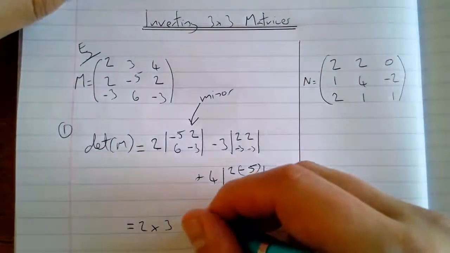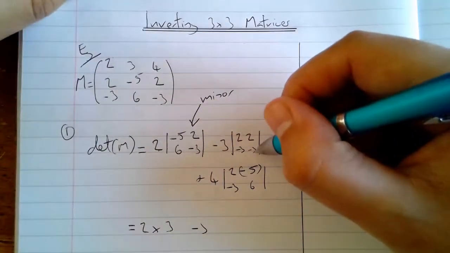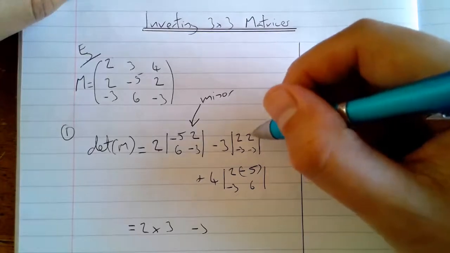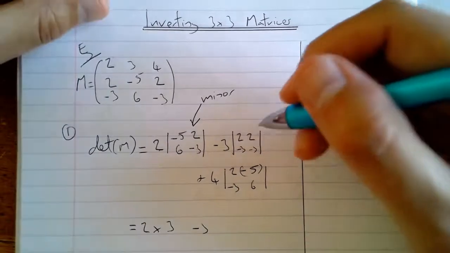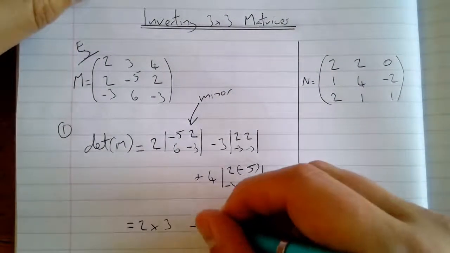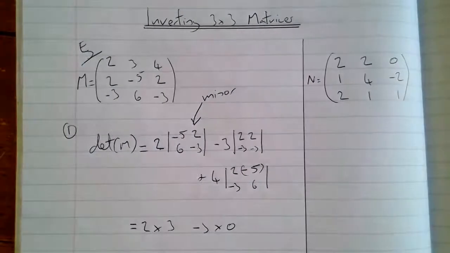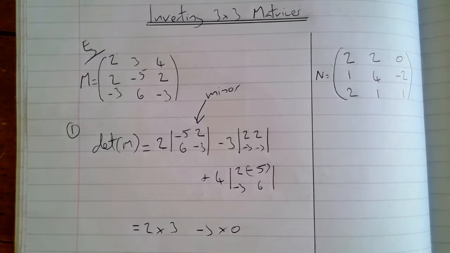And then I've got negative 3. 2 times minus 3 is minus 6. Minus 2 times minus 3 is minus 6. So that's minus 6 minus minus 6, which is minus 3 times 0. I've got that right, haven't I? Yes, I have. Excuse me.